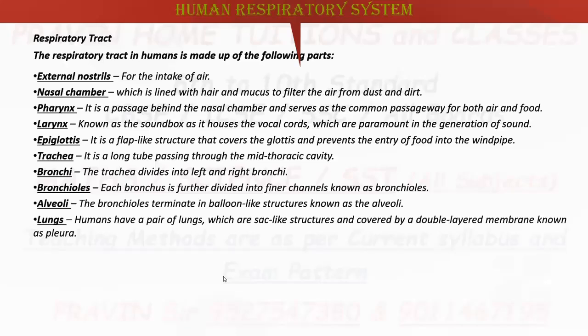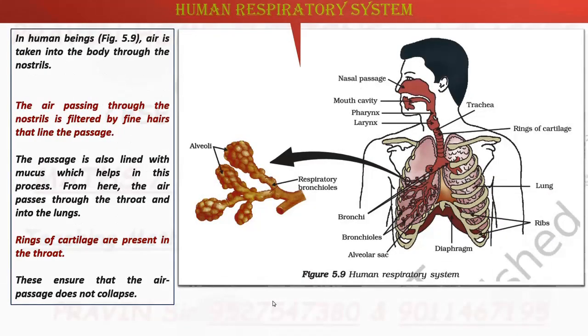The nasal chamber is lined with hairs and mucus to filter the air from dust and dirt. The third part is the pharynx. It is a passage behind the nasal chamber and serves as a common passageway for both air and food.